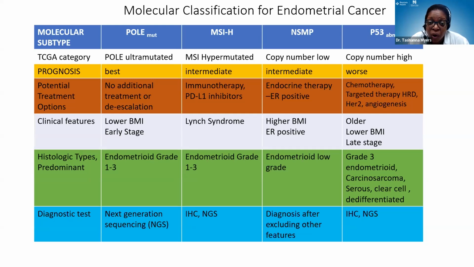So it's not a small number of patients that don't fall into these other categories. The tumors tend to be estrogen driven. They tend to be low grade. However, there also are aggressive cell types that can fall into this category. So those can be your clear cells, your dedifferentiated, your mesonephric-like carcinomas.